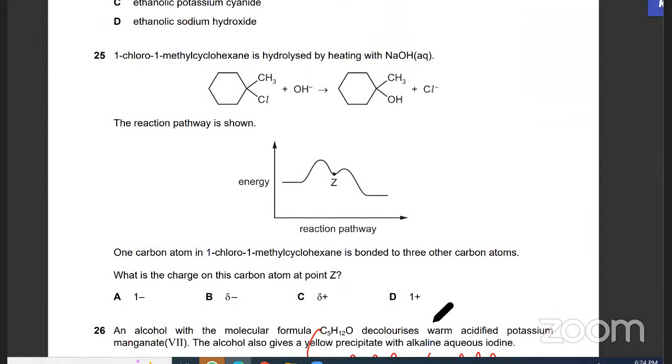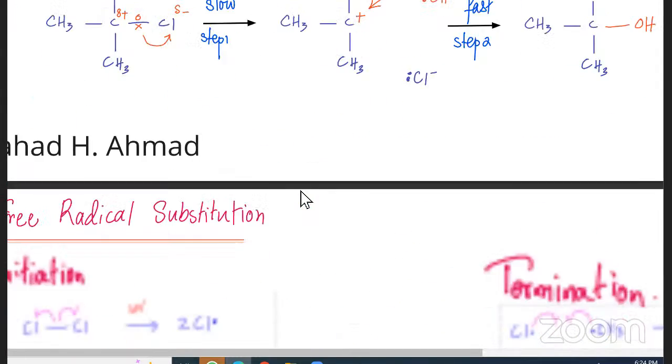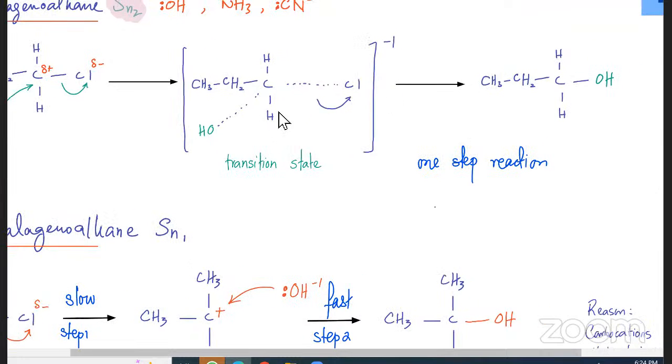So you've got this reaction and it's a nucleophilic substitution. With a halogenoalkane you've got 2 mechanisms, SN1 and SN2. These are your 2 mechanisms. For primary, the OH minus will attack immediately. Cl will leave in one step. So the OH will approach and the Cl gets knocked out.